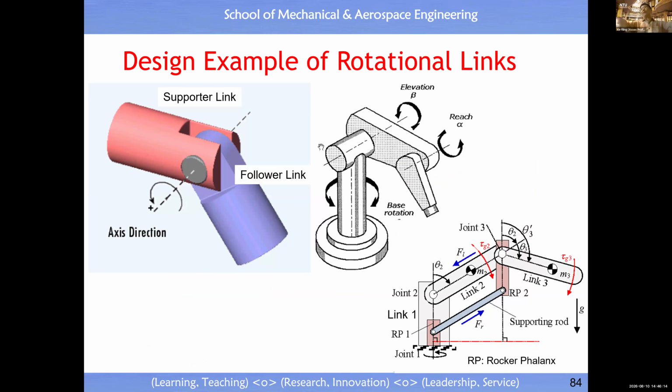For a series of links, you always have a number zero link as the base link, then number one, number two, etc. For two adjacent links, the one closer to the base link is called the supporter link, and the one far away from the base link is called the follower link. These two links share the same joint, interconnected by a joint.